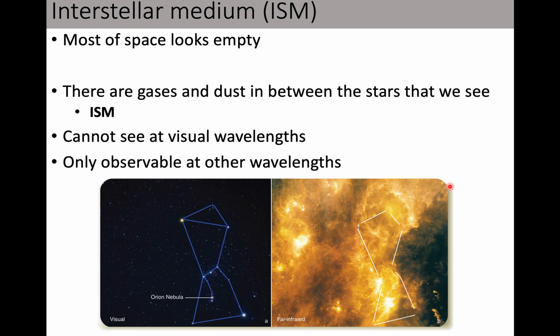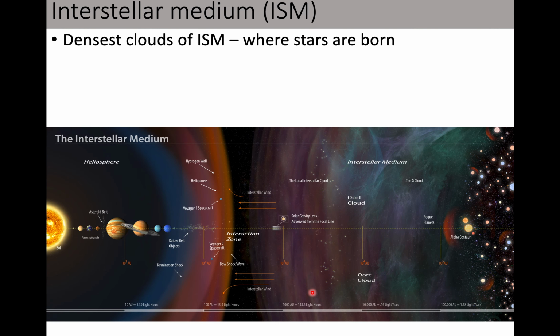If we were to look at this same area of the sky in the far infrared wavelength, we would see quite a bit of this ISM. This interstellar medium exists all over in between all of the stars in the sky, and we cannot see it with visual wavelengths.